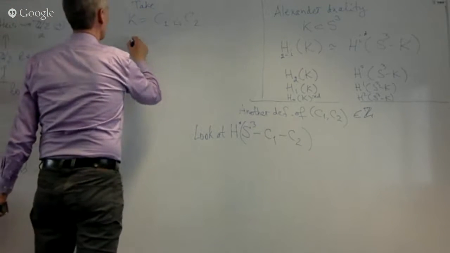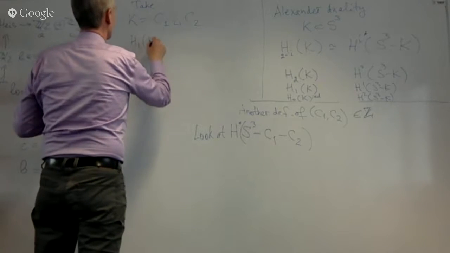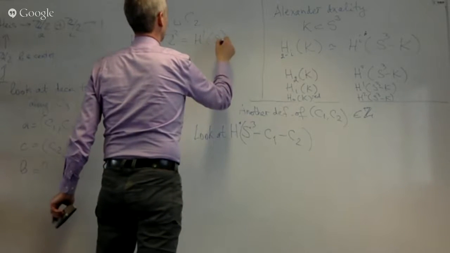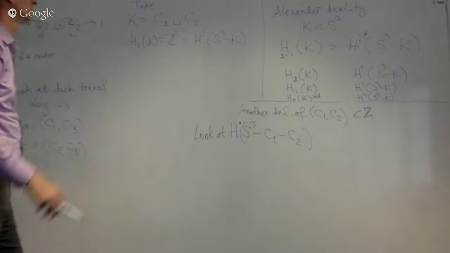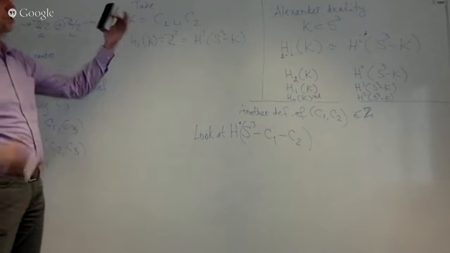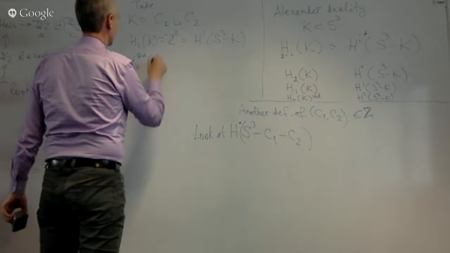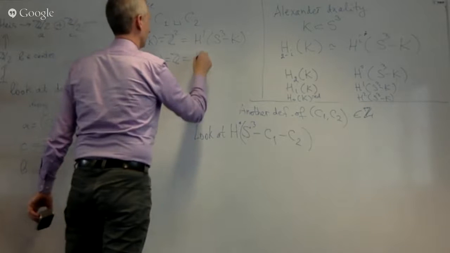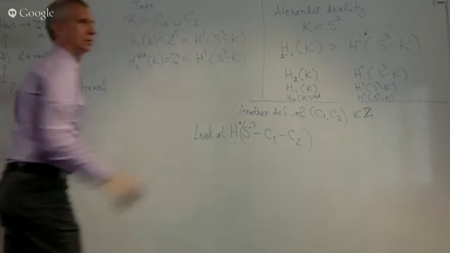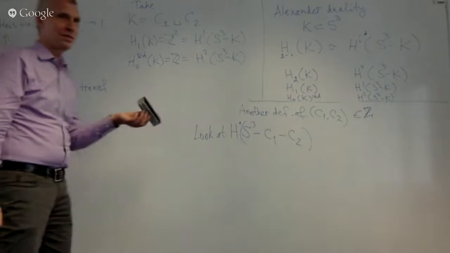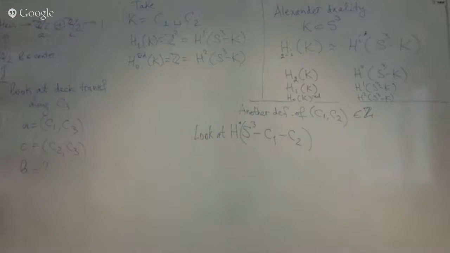We conclude that H1 of K is Z2, identified with H1 of S3 minus K. And reduced H0 of K corresponds to H2 of S3 minus K. K itself is disconnected, it has two connected components, and reduced means we always reduce by one point.